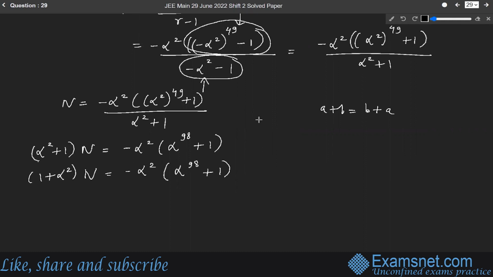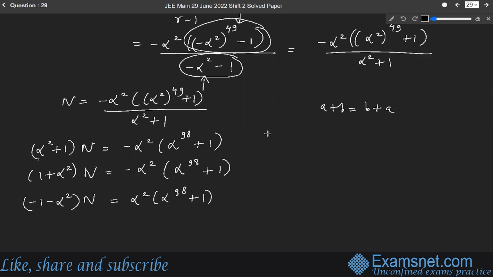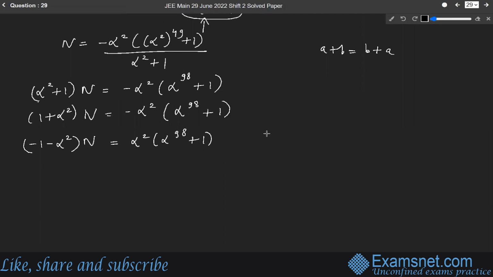Now when this minus goes to the left hand side, the left hand side will be minus 1 minus alpha square into n is equal to alpha square into alpha power 98 plus 1, right? Now let us take this minus sign outside this bracket, so it will be minus of 1 plus alpha square into n is equal to alpha square into alpha power 98 plus 1.